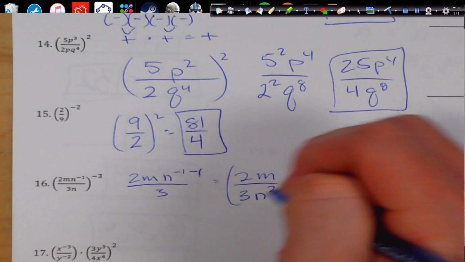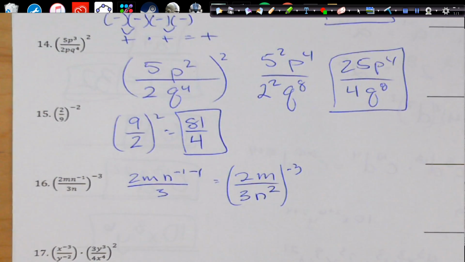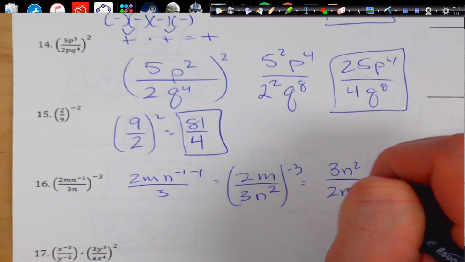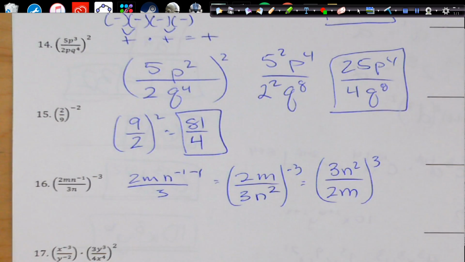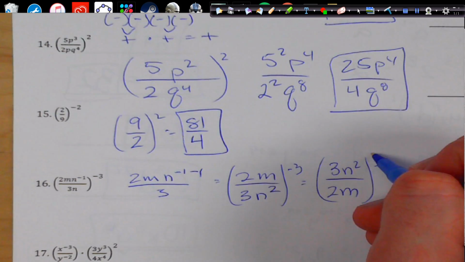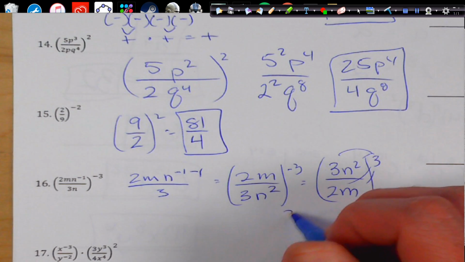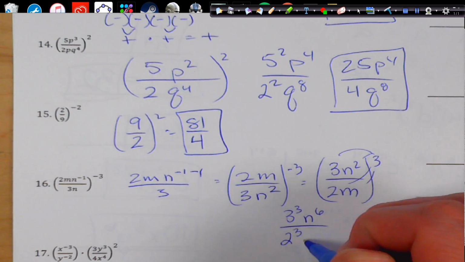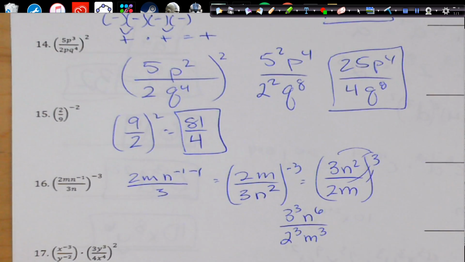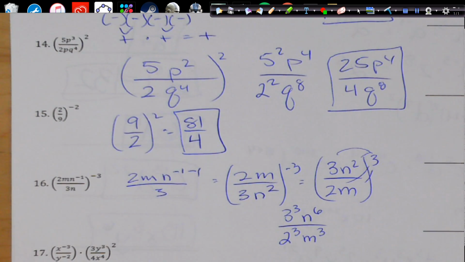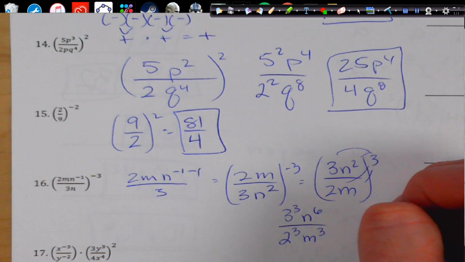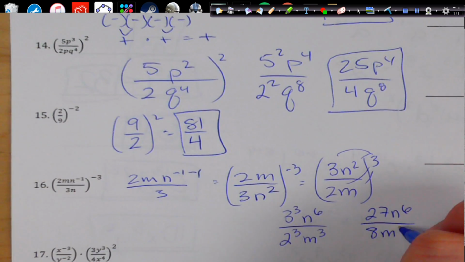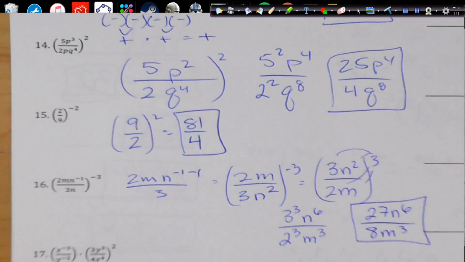But this whole thing is raised to the negative 3rd power, which means it's going to flip up to get rid of the negative, and then I'm going to distribute the 3 to each piece. So 3 to the 3rd power, n to the 6th power, 2 to the 3rd power, m to the 3rd power. 3 to the 3rd power is 27. 2 to the 3rd power is 8, and they don't reduce, and we're left with that.